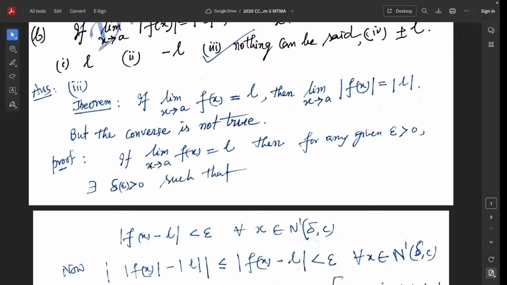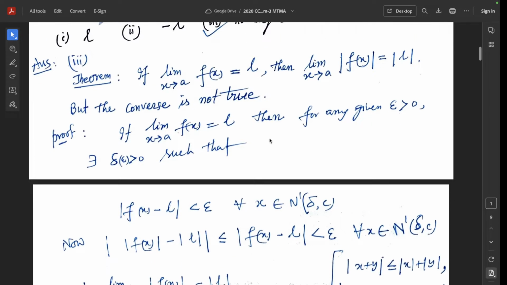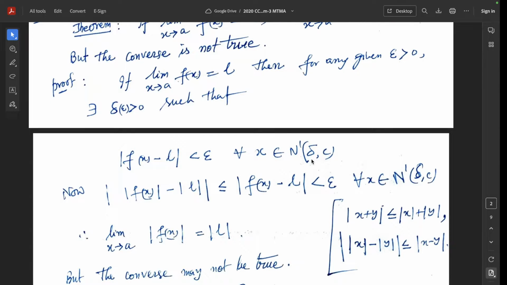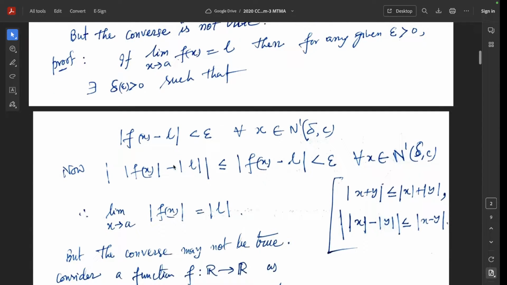If the limit of f(x) as x tends to a equals L, then for any pre-assigned positive epsilon, there exists a positive delta depending on epsilon such that mod of f(x) minus L is less than epsilon for all x belonging to the deleted delta neighborhood of a. Now mod f(x) minus mod L is less than or equal to mod of f(x) minus L, which is less than epsilon.